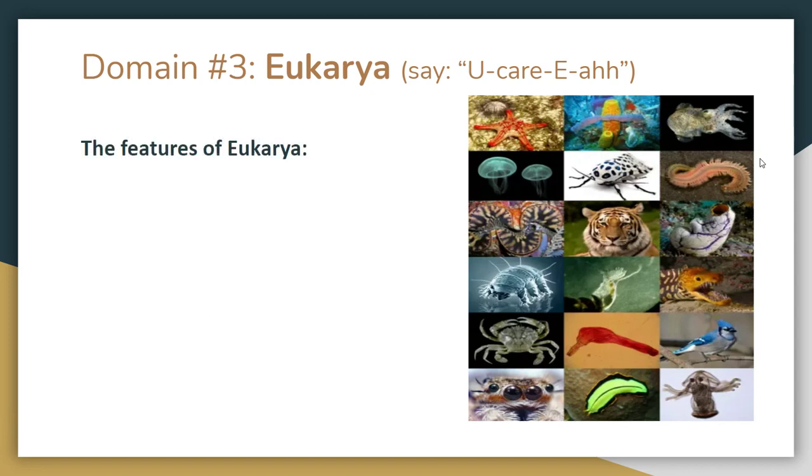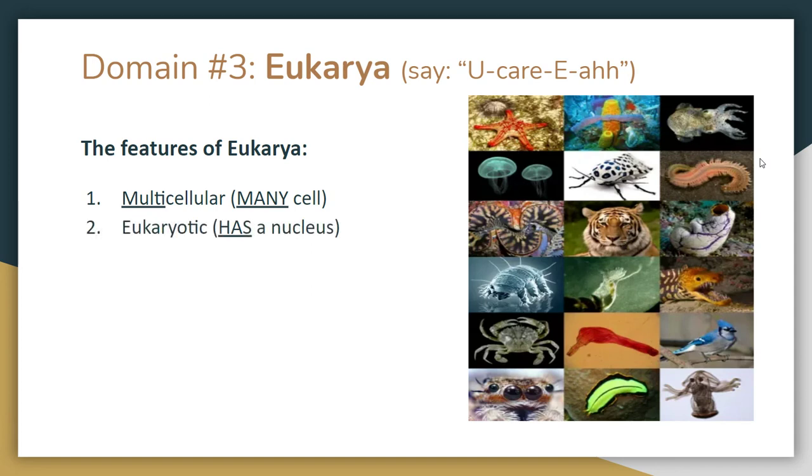So what are the features of eukarya? This time, many cells. They are multicellular, okay? You can't just have that one cell. It needs to have a lot of cells, and they are specialized cells. So it's a heart cell, it's a lung cell, all those different things within the organism for most of the organisms. They're also eukaryotic. So this is different again. These organisms, their cells have a nucleus.